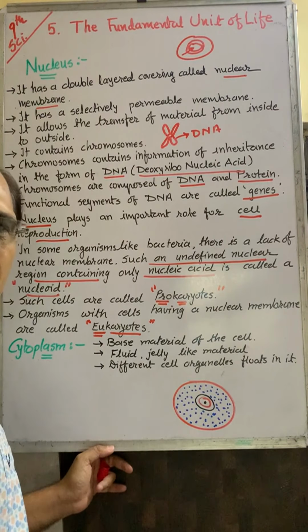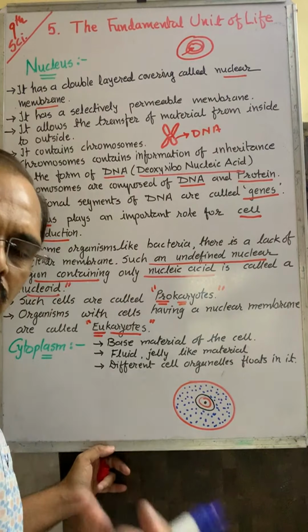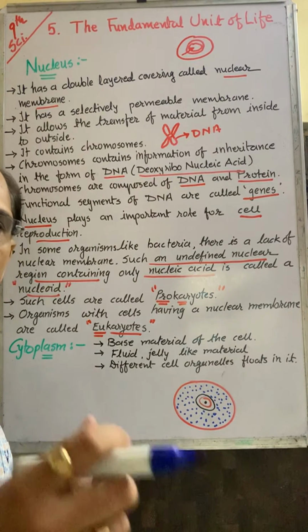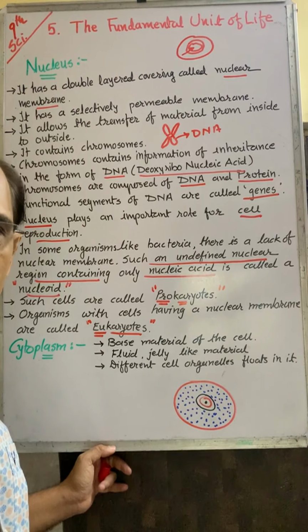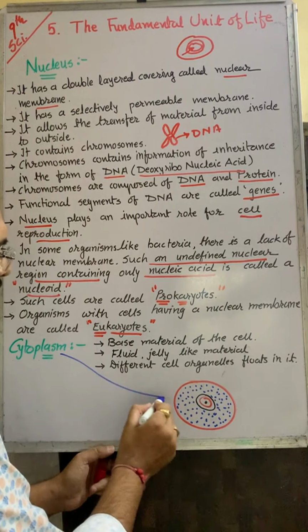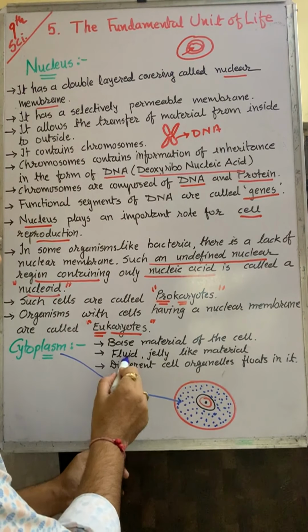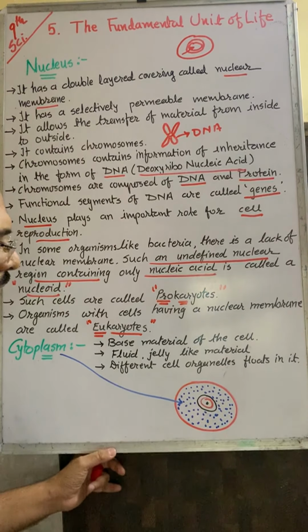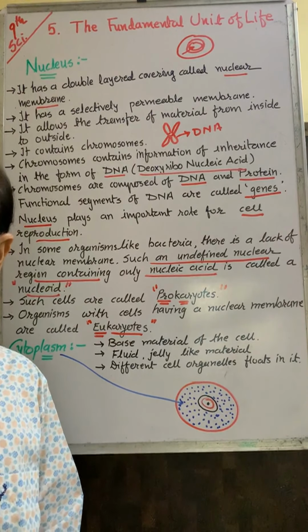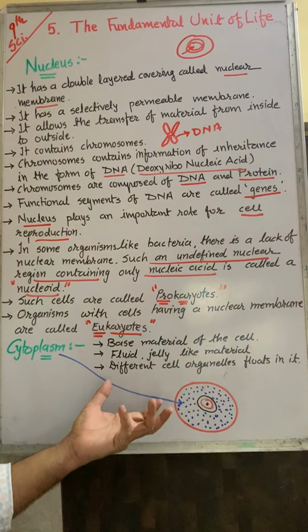That's why we said that it is the base material for the cell. All metabolic reactions take place inside this cytoplasm. It contains fluid and jelly-like material, and different cell organelles float in it and perform different functions. So this is the base material.